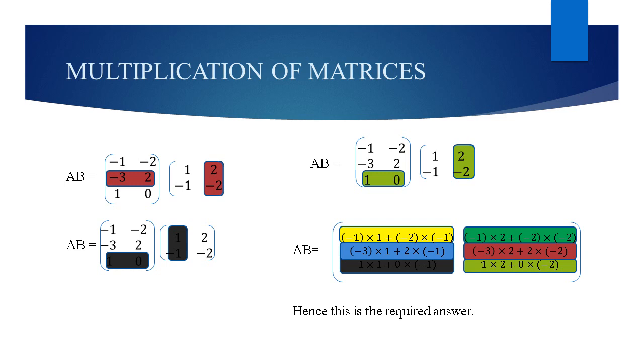here 1 and 0 is multiplied, green row is multiplied with green column to get the result in the green rectangle.